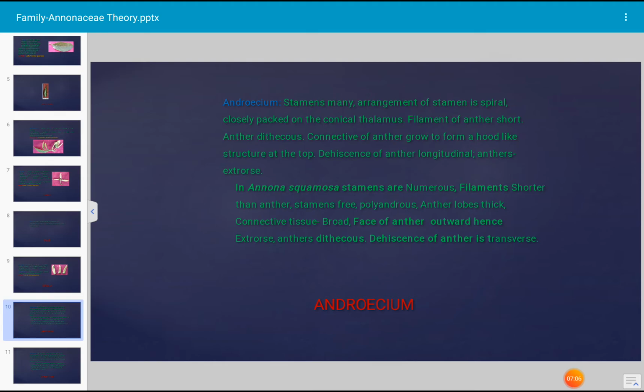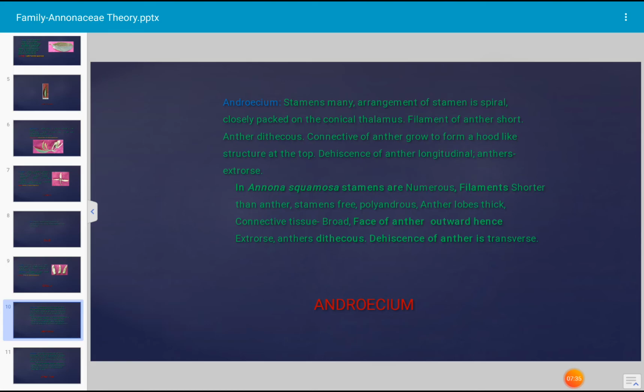Example is Annona squamosa. Filaments of anther are very short and anther is dithecous, 2-celled. Connective of anther grows to form a hood-like structure at the top. Dehiscence of anther takes place longitudinally and anthers are extrorse. What is extrorse? The anthers release their pollen grains at the peripheral region of the flower.